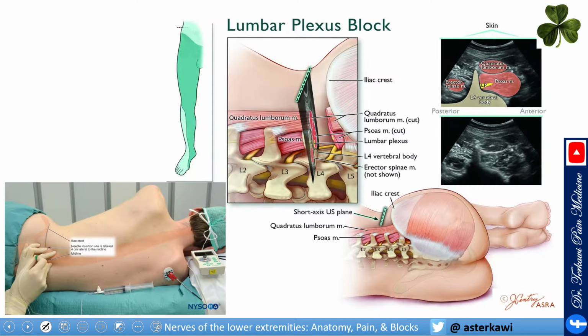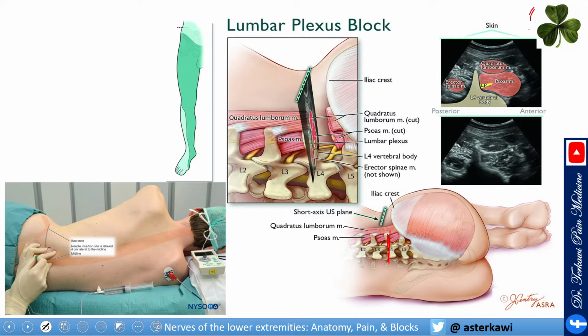Now, a common example here is the lumbar plexus, just to keep things within the context. This is not meant to be a detailed explanation of how you perform it, but just to understand the relevant anatomy. So around L4, you place your ultrasound, and then from the midline you keep moving lateral until you see what we call the shamrock picture.